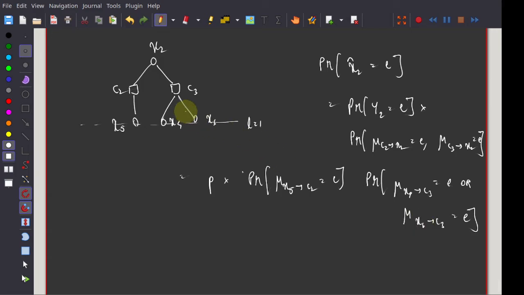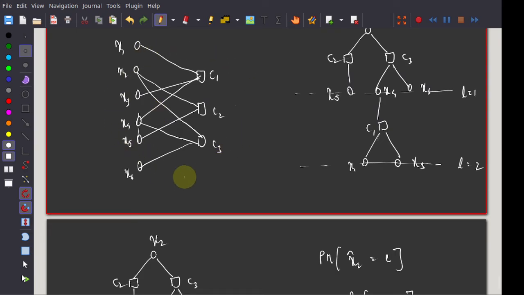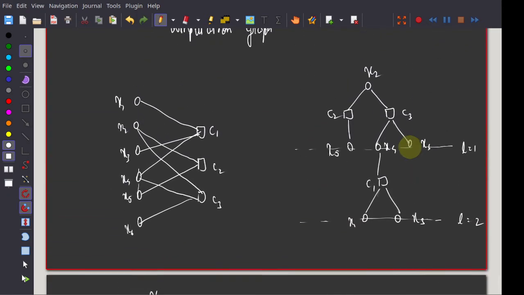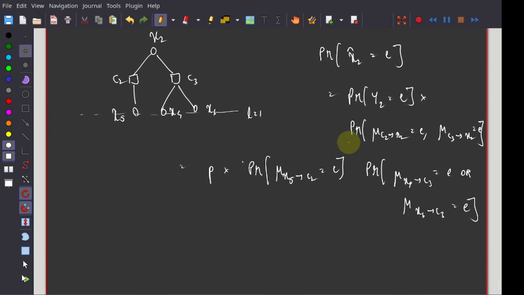In this, I went from this particular graph to this particular tree. In general, this need not have this nice tree structure. In particular, there could be cross connections and so on. But nevertheless, I'm writing these probabilities as a product of probabilities, which means that I'm assuming that these are independent.